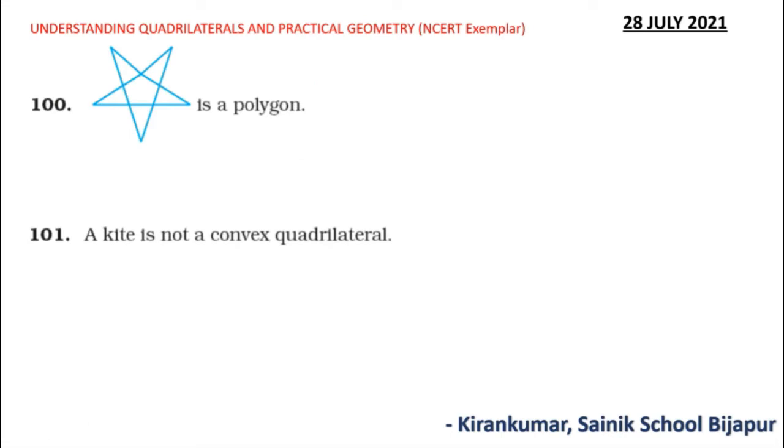Question number 100. I have mentioned a figure over here is a polygon. This particular statement is a false statement because it is not a simple closed curve, as there is an intersection of the line segments itself within itself more than once.